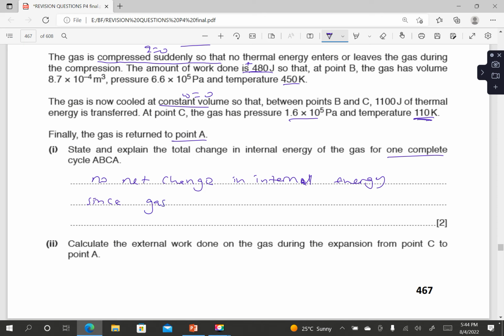Since the gas returns to its original temperature. There is change in internal energy along the different stages, but the total change in internal energy is 0 because the gas returns to its original temperature at stage A.